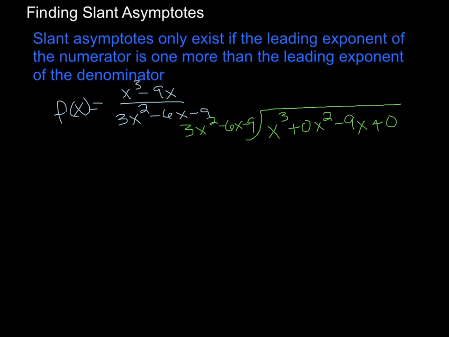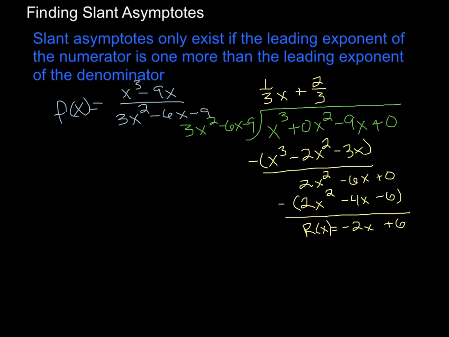We take our divisor and divide it into our dividend, and we see what our quotient is going to be. Our quotient is going to be our slant asymptote, and our remainder, we're just going to disregard because it's not going to affect us much.